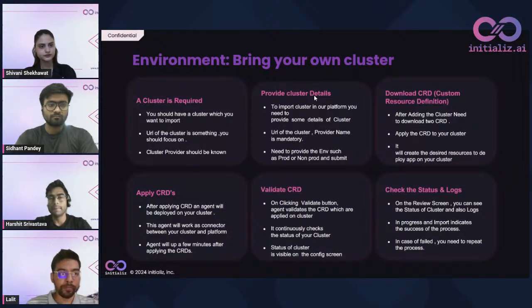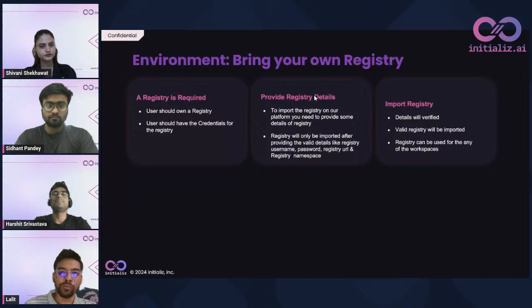So this was the brief introduction about the cluster. If I sum up: the first thing, cluster, details of the cluster, download the CRDs, and apply the CRDs on the cluster which you want to import, then just validate. The next part is the registry.